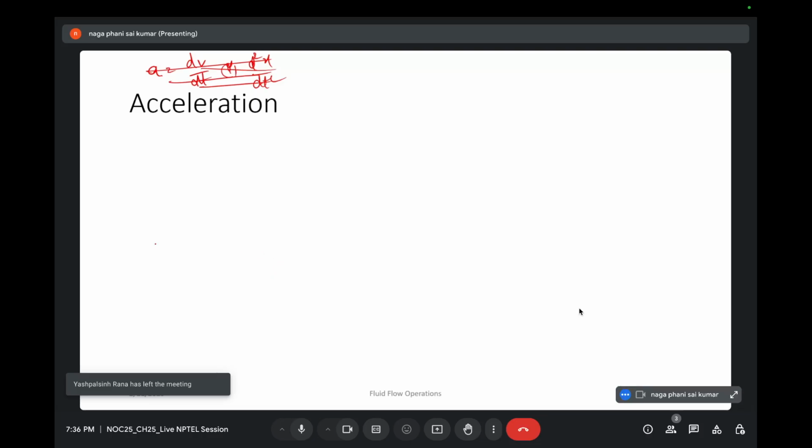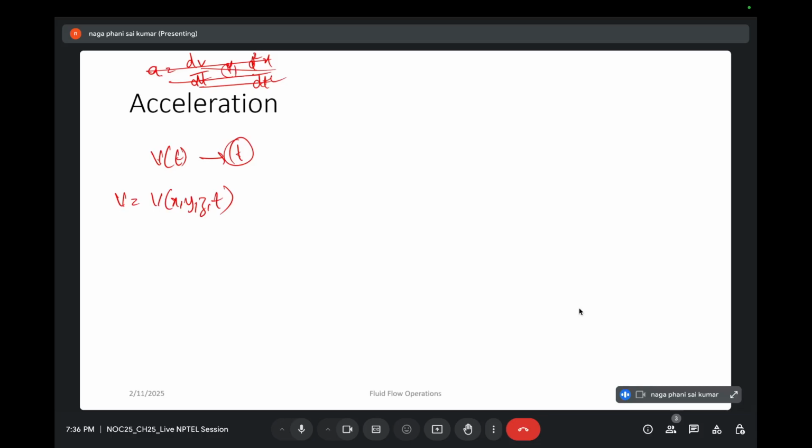Okay, so consider a fluid which is moving with velocity v as a function of time at any instant t. Now v can be written as a function of x, y, z and t. So now dv can be written as dou v by dou x into dx plus dou v by dou y into dy plus dou v by dou z into dz plus dou v by dou t into dt.